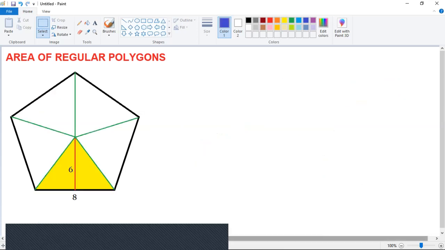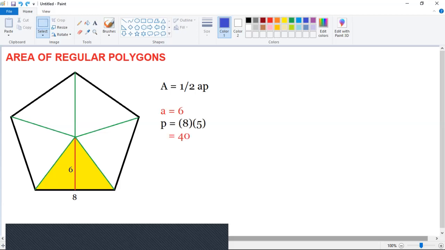Let's have an example. We have a regular pentagon and the apothem is given as 6 and the base is given as 8. The formula for the area of a polygon is half AP. We have the apothem, which is 6, but we don't have the perimeter. So the perimeter is computed as the side, the base, which is 8, multiplied by the number of sides, which is 5.